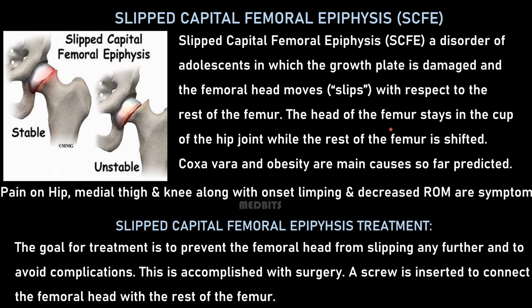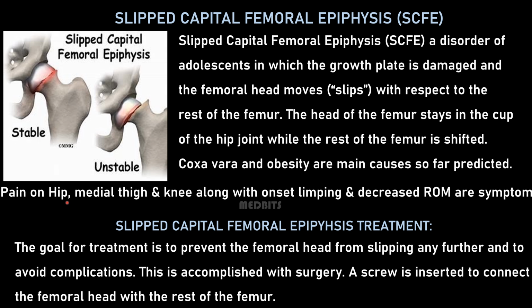The head of the femur stays in the cup of the hip joint while the rest of the femur is shifted. As you can see, this is what will happen. Now it's stable, and when it goes unstable, it slips like this and the head stays in the cup. Coxa Vara and obesity are the main causes predicted so far.